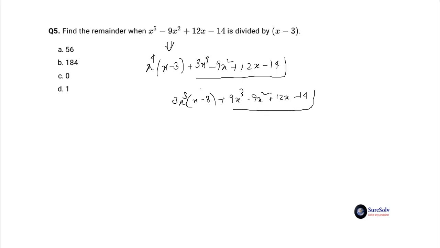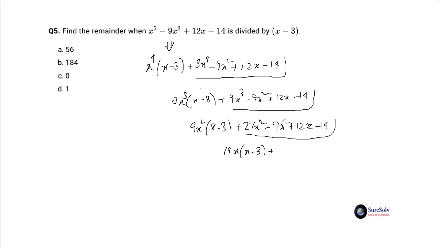At the third step of factor extraction, the result is 9x square multiplied by x minus 3 plus 27x square minus 9x square plus 12x minus 14. And at the fourth step, 18x square plus 12x minus 14 equal to 18x multiplied by x minus 3 plus 54x plus 12x minus 14.